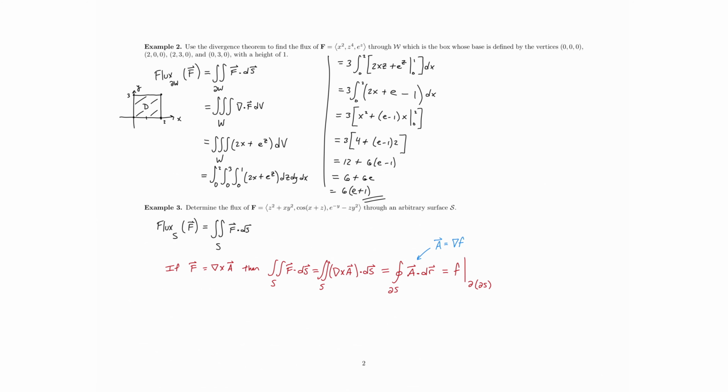So notice here what we've done so far is we've arrived at the conclusion that the only way this problem makes any sense is if A is the gradient of some function and F is the curl of A. So effectively, this only makes sense if F is the curl of A and A is the gradient of some function.